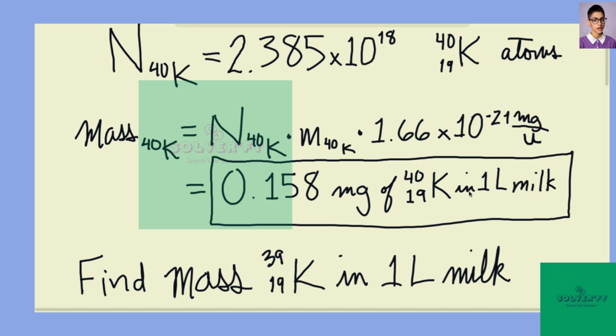This problem can be solved by finding the relative abundances of each isotope of potassium in Appendix B. And with those relative abundances, we can set up a proportion to determine the amount of potassium 39, given this 0.16 milligrams of potassium 40 is in the milk.